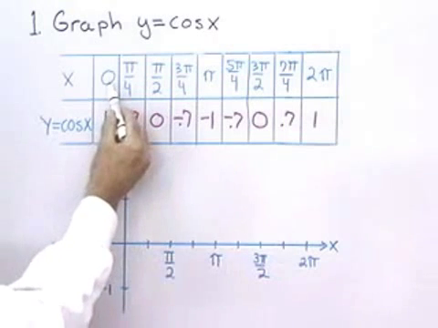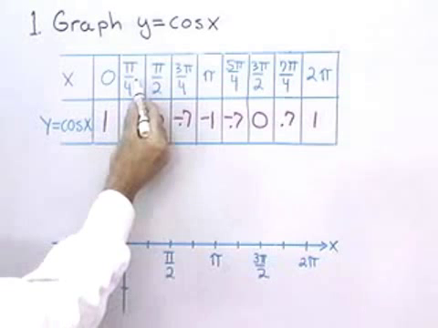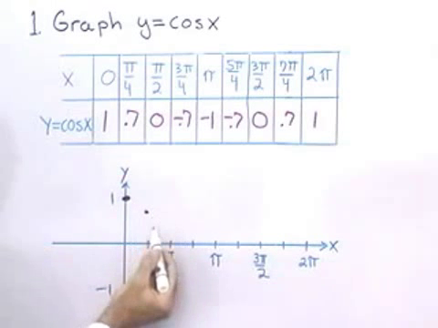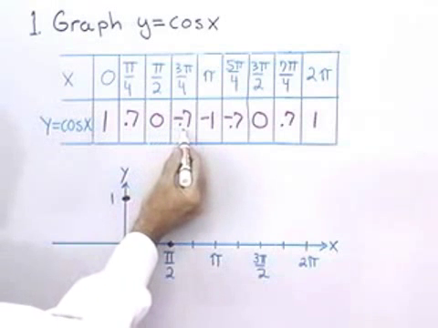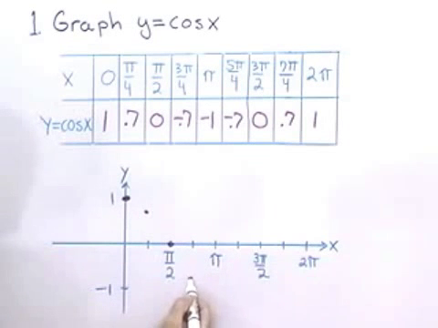So I'm going to graph these ordered pairs. X equals 0, y equals 1. That's right here. X equals pi over 4, y equals 0.7. So here's pi over 2. Halfway to there is pi over 4, and so I'm going to say this is about 0.7 right here. At pi over 2, y is down to 0. At 3 pi over 4, which is right here, I'm down to negative 0.7.